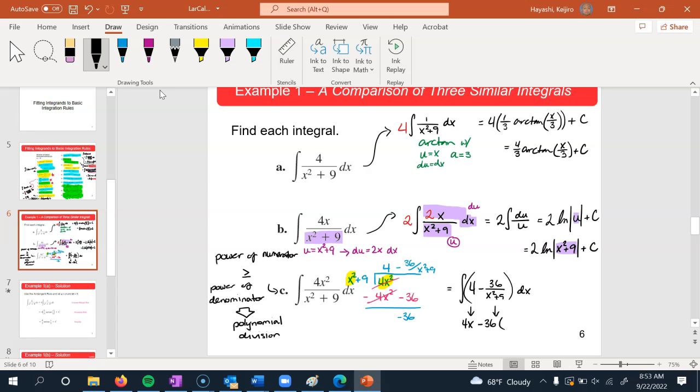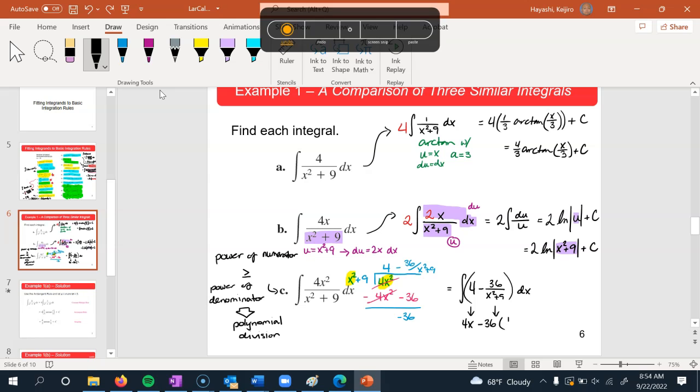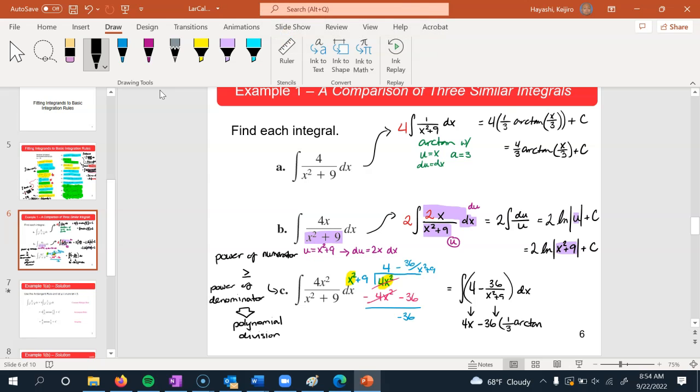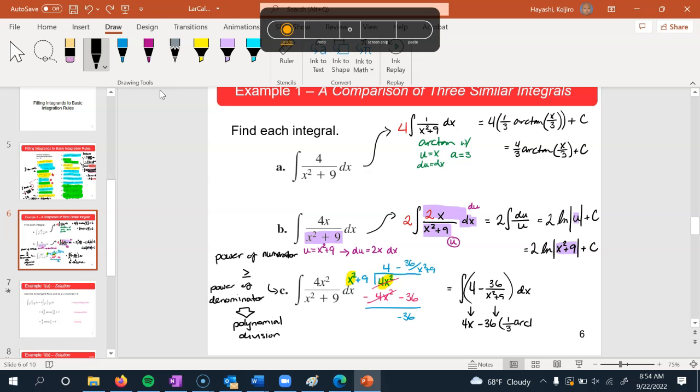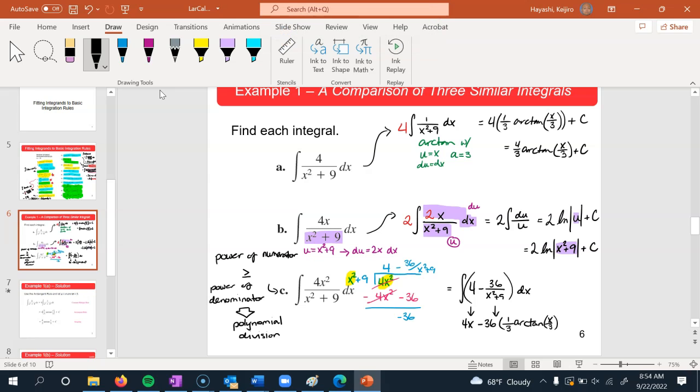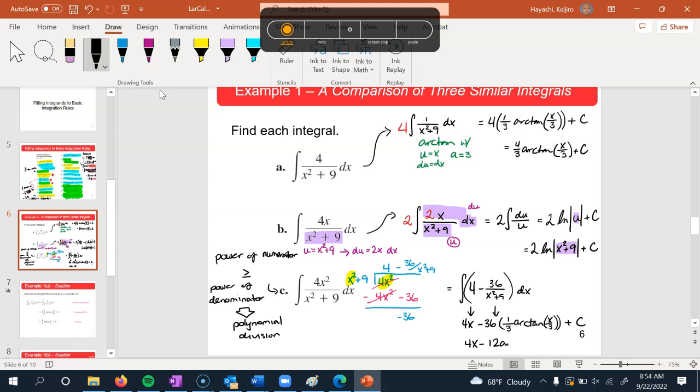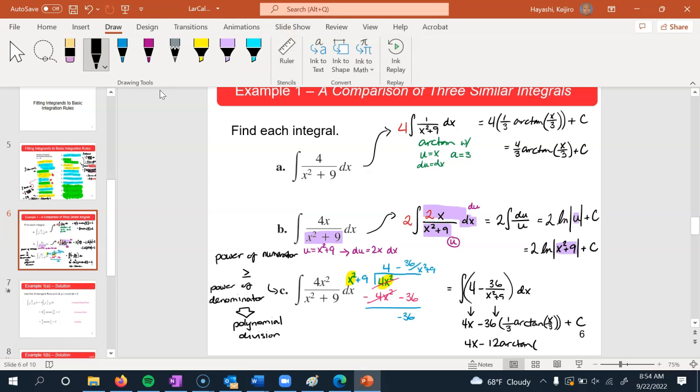It's going to be 1/3 arctan of x over 3, plus C, which you can simplify into being 4x minus, I guess that'll be minus 12 arctan of x over 3.